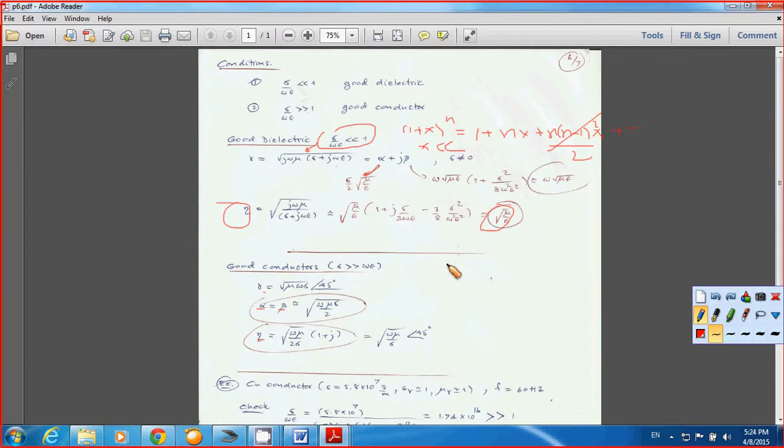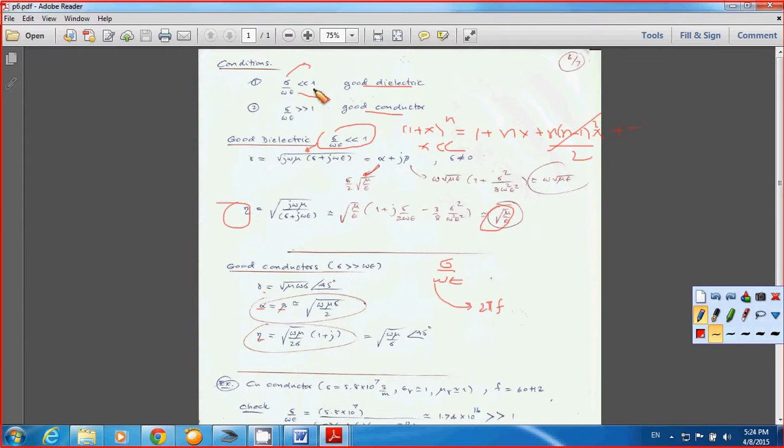Well, if you take a look at the ratio of sigma over omega epsilon, since omega is 2 pi f, it becomes frequency dependent. For this case, it doesn't matter what your sigma is, it doesn't matter what your epsilon is. You can change your media to be a good dielectric or a good conductor, depending on the frequency.